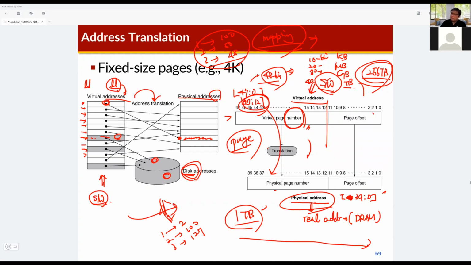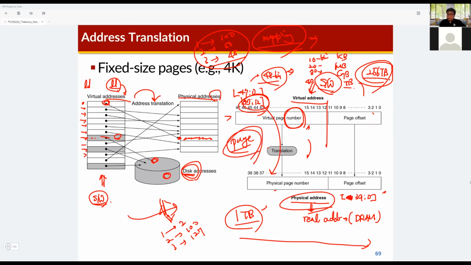So that is the granularity issue. If every byte is translated to a different physical address, then the translation will be very complex. So we define a very large chunk, and this chunk is called a page.